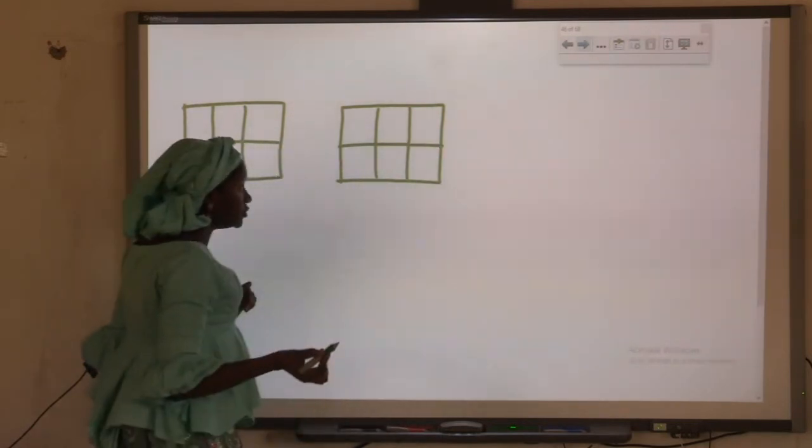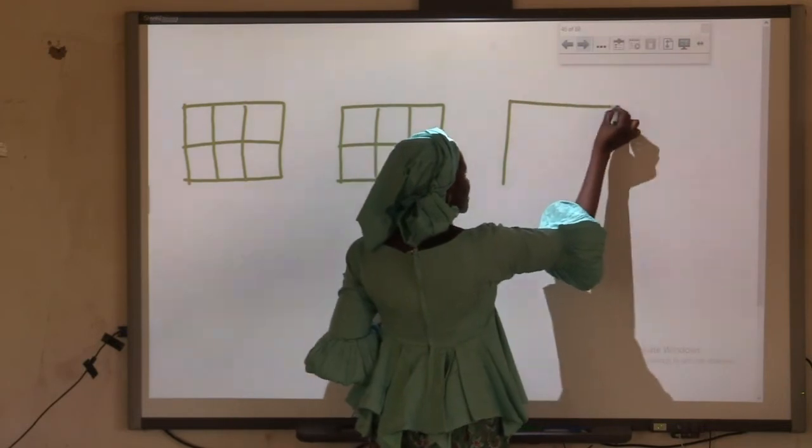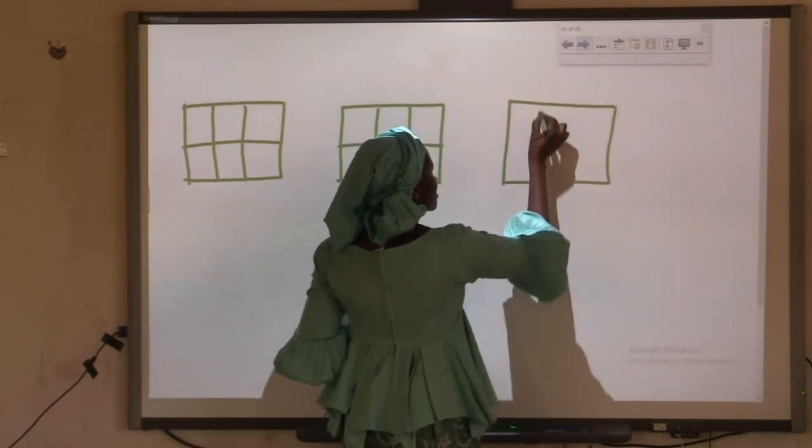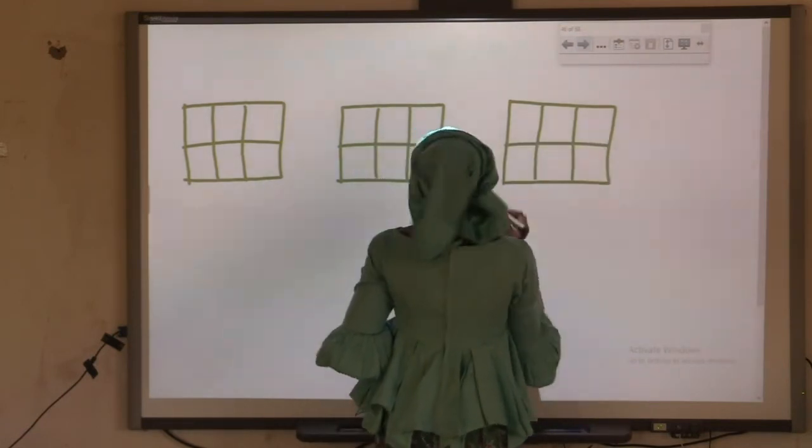I'm drawing a whole and dividing it into 6 equal parts. Good.